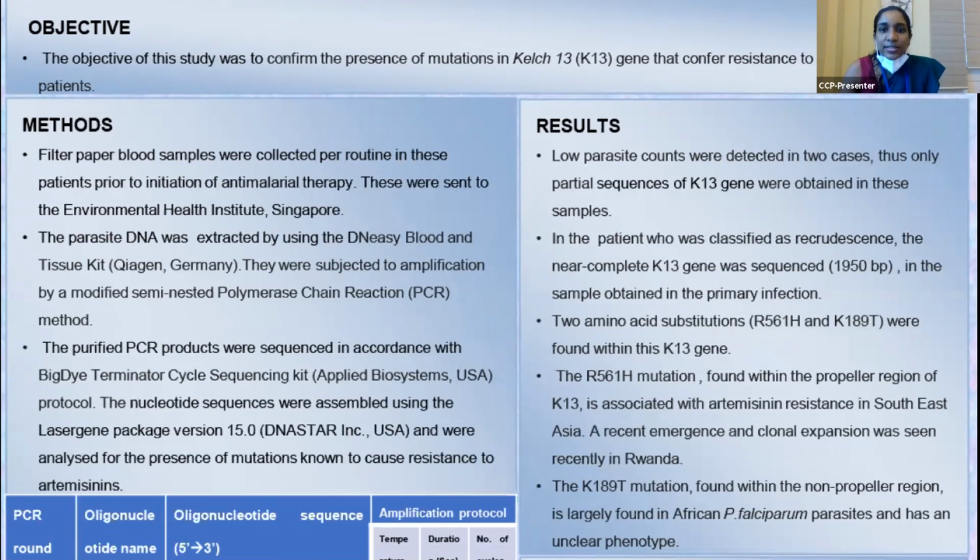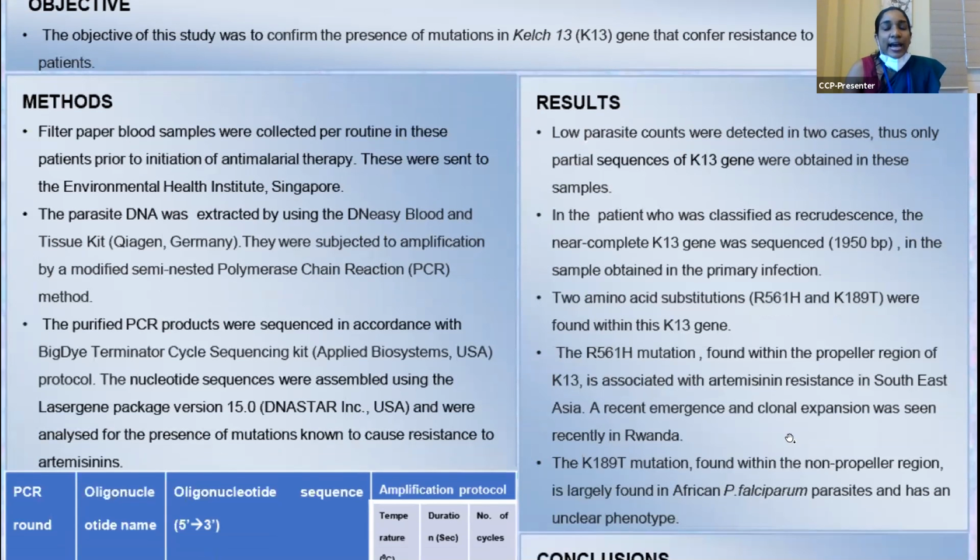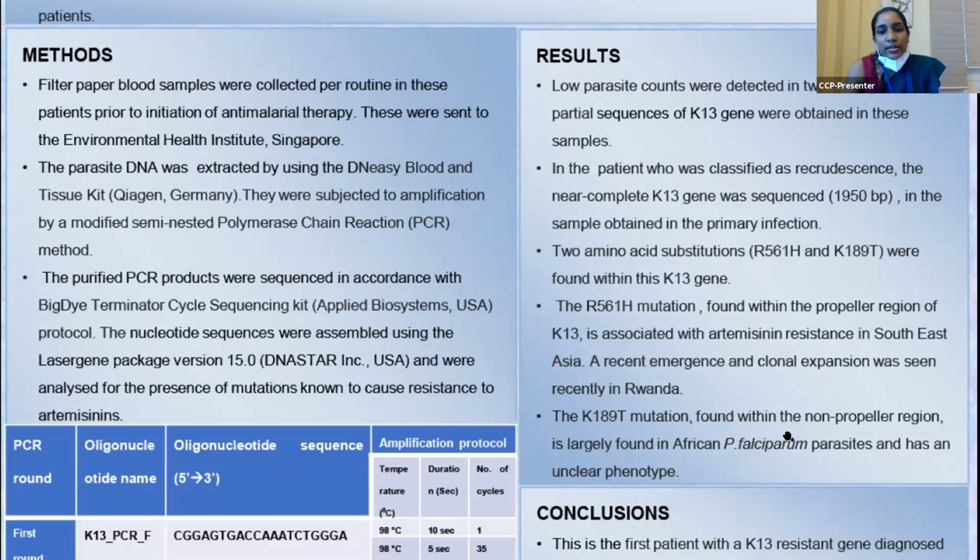When considering the results, the near complete K13 gene was sequenced in the sample taken during the primary infection, and 2 amino acid substitutions, namely the R561H and the K189T, were found within this gene. The first one, the R561H, is found within the propeller region of the K13, and it is known to be associated with artemisinin resistance in Southeast Asia. Interestingly, a recent emergence and clonal expansion was seen recently in Rwanda.